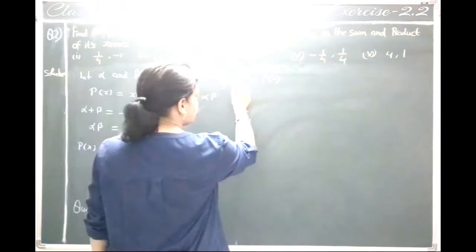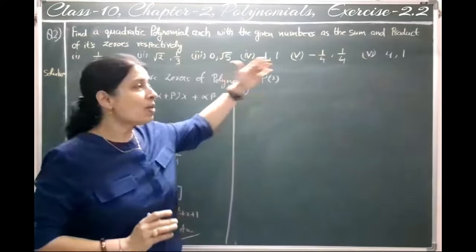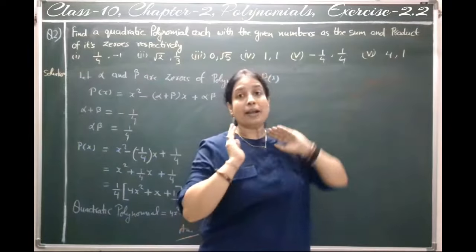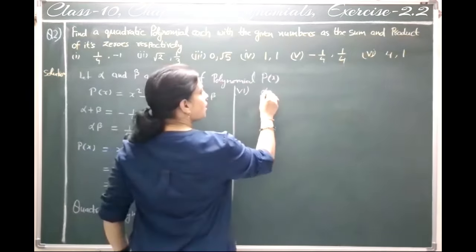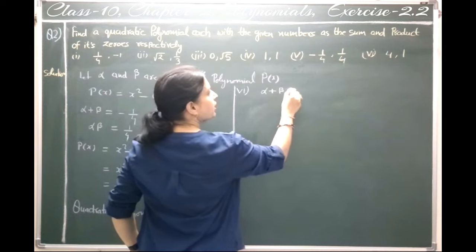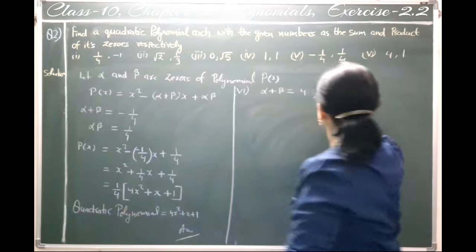Now next is the sixth one. Here the sum of zeros is given as 4 and the product of zeros is given as 1. So first write what is given. Alpha plus beta is given as 4 and alpha beta is given as 1.